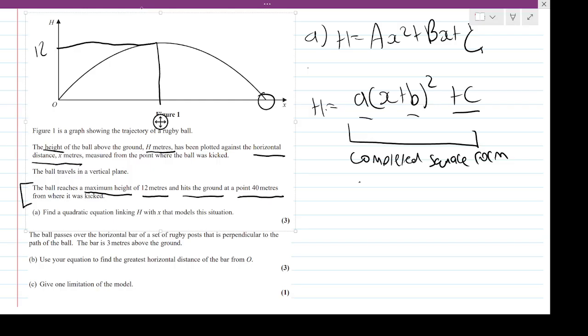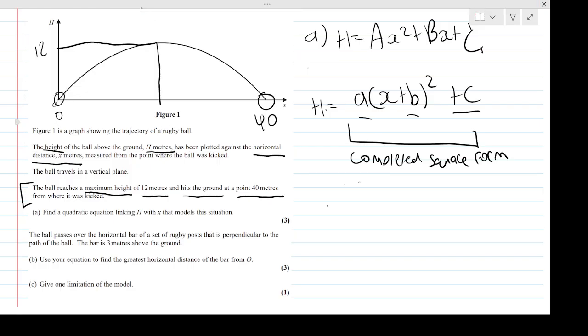So it hits the ground at a point 40 meters from where it's kicked. So that's where it's kicked, and that has to be 40 then, basically. But actually, we know that these are the two roots, right? If this is a root as well, that's just x is 0, isn't it? So it crosses the x-axis at 0 and 40.